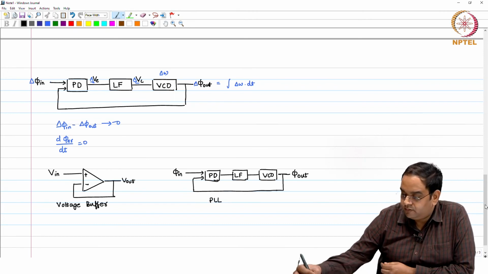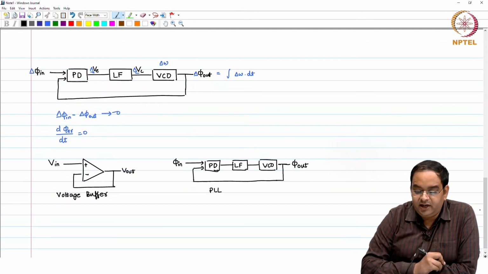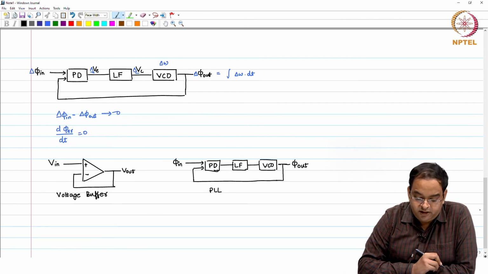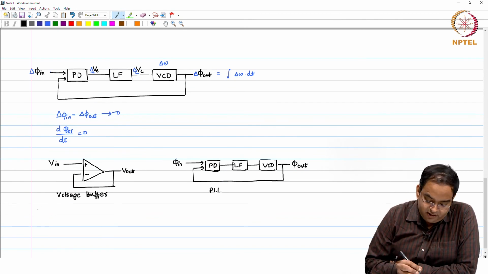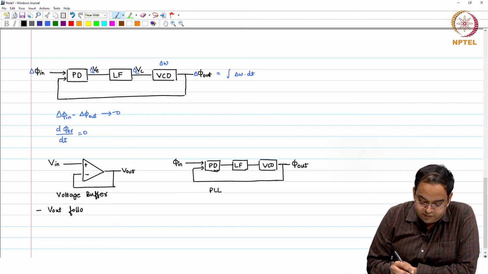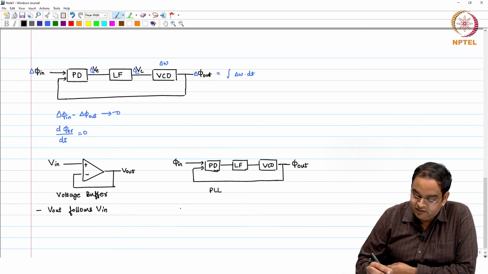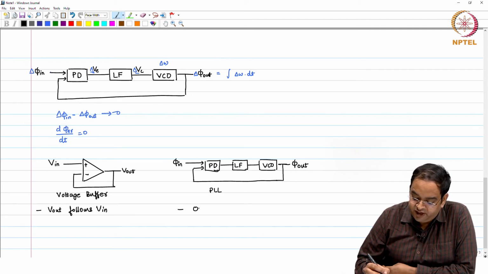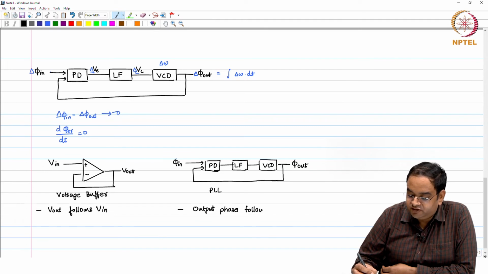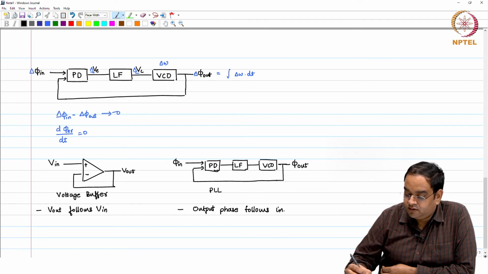So, if you would like to draw the similarities between your voltage buffer and your PLL, here V out follows V in, whereas in this case your output phase follows input phase.